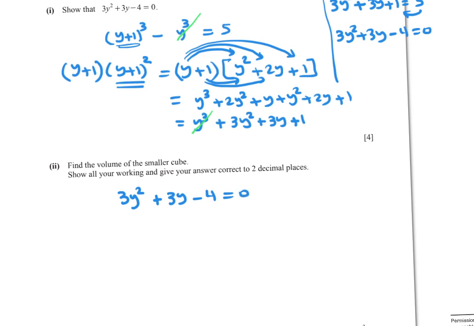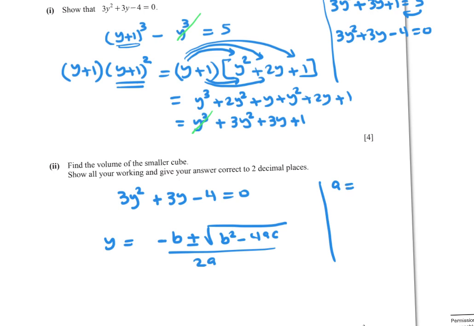We cannot factorize to find the answer. We can use the formula. So y equals negative b plus or minus square root of b squared minus 4ac over 2a. And this is the formula.